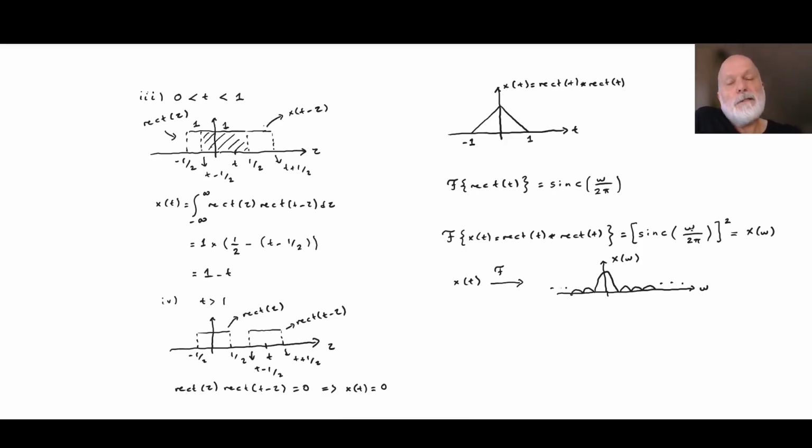So this is an important application of the convolution property. The triangular pulse, which is obtained by means of the convolution of the rectangular pulse with itself, is important in several applications. Therefore, this result is important in signal theory. Thanks for watching.